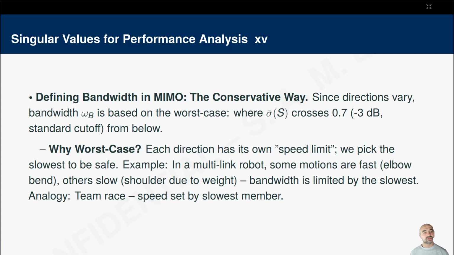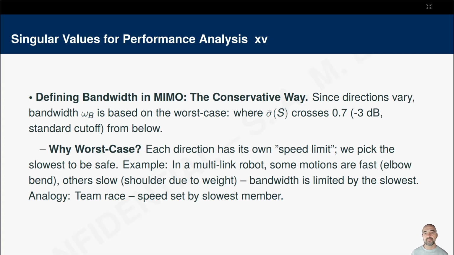By worst case, each direction has its own speed limit. We pick the slowest to be safe, and again, it makes sense.